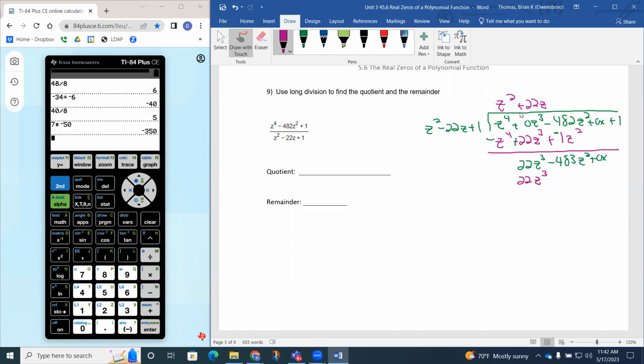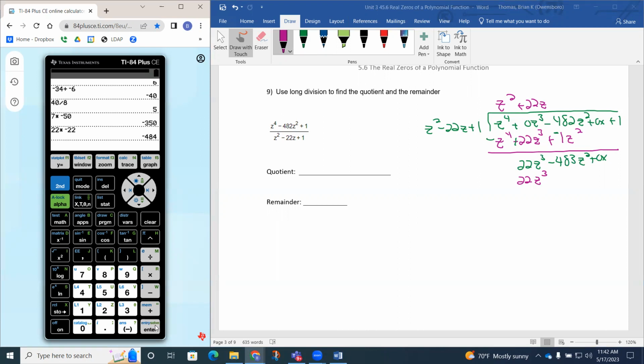And then 22 times a negative 22. I'm not real good on that. 22 times a negative 22, negative 484. Yep, so negative 484z squared. That's correct. And then 22z times 1 would be 22z.